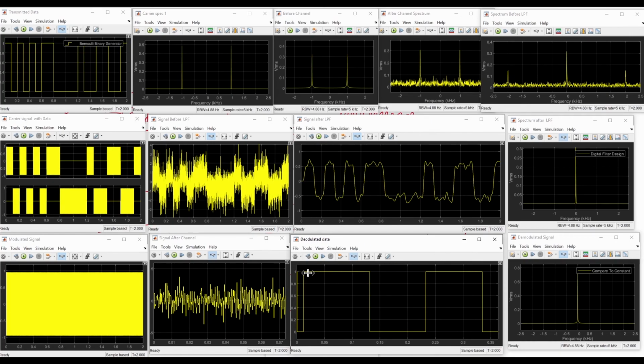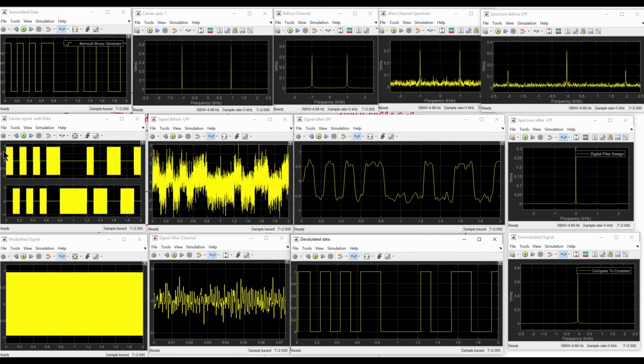Here you see we are getting 1. This is the first data, then 0, and we are getting the same. This is the transmitted data and this is the demodulated data. So 1 0 1 1 1 0 1 1, the data stream is the same as we transmitted.